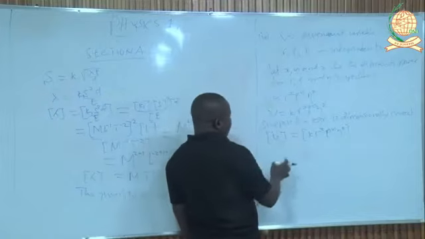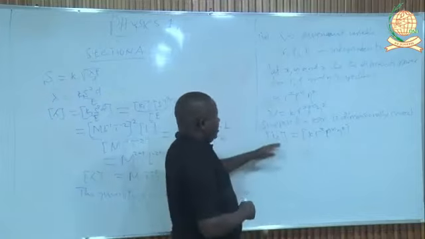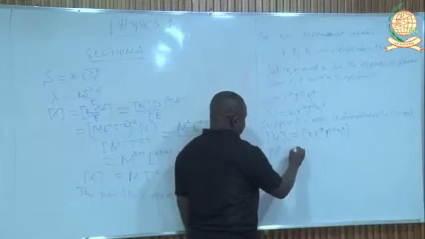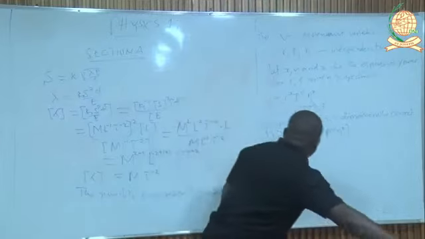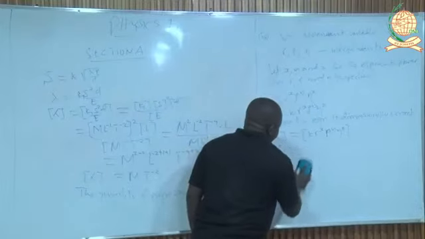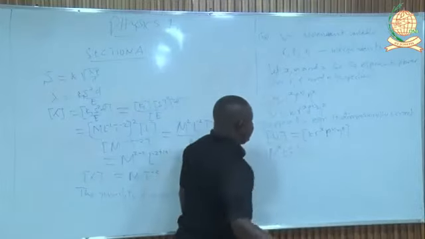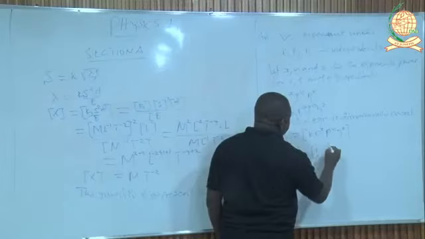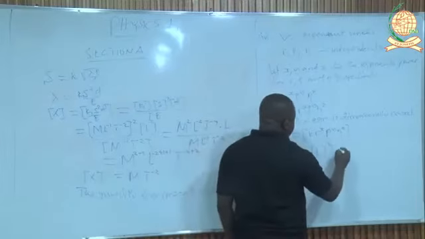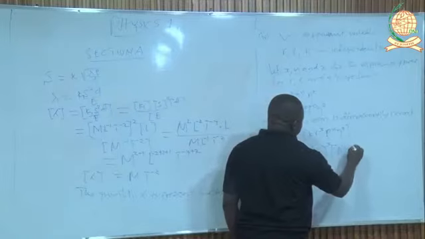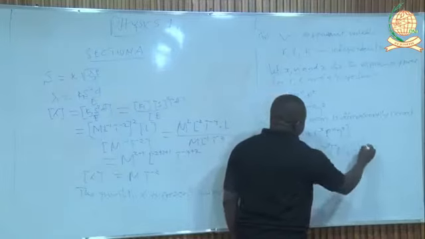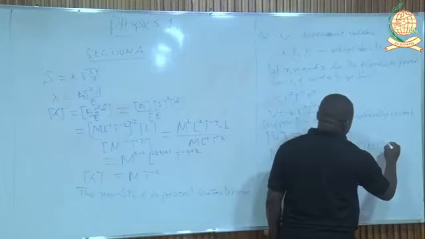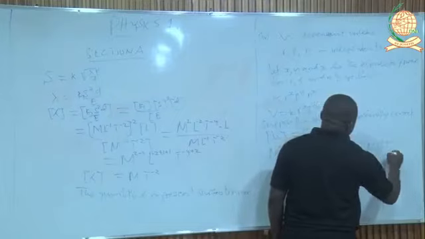But the dimension of the left hand side, it is the velocity, so it is L T^-1, with no mass. The dimension of the other side: k is dimensionless. So this is L, but with exponent x. And this is density, mass per unit volume, with exponent y. And eta, it is M L^-1 T^-1.